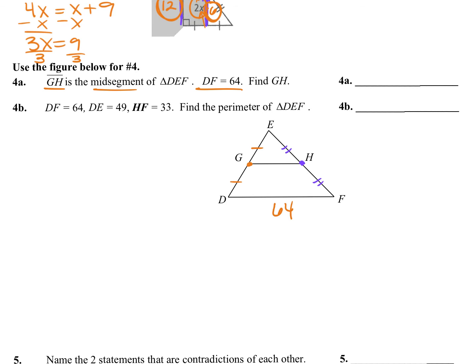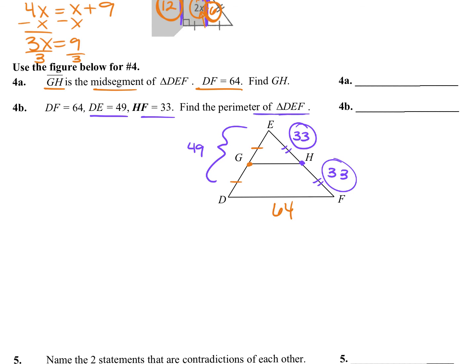Because what a lot of people did on the quiz is if DE is 49, that whole side is 49. What they did when they said HF was 33 is they thought HF plus EH had to add up to 49, and it doesn't. What is EH going to be? 33, right? These two will be the same length. So this is going to be 33.